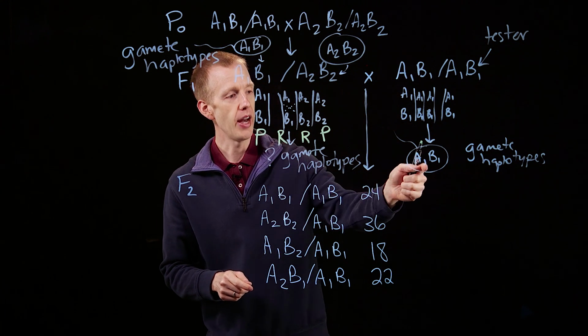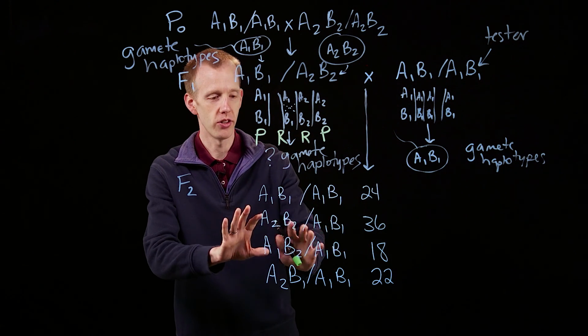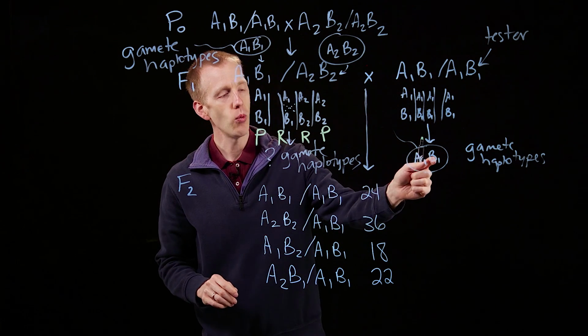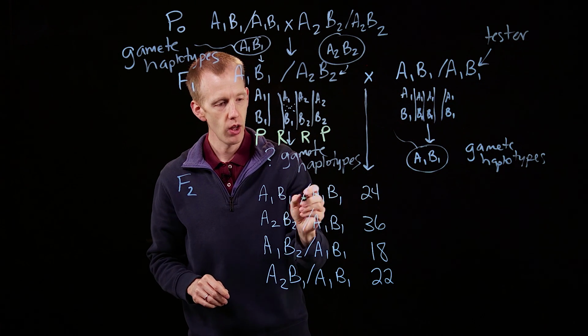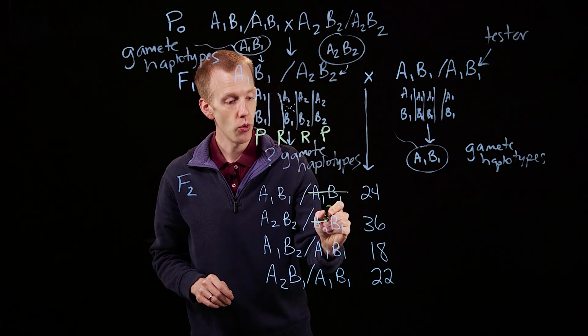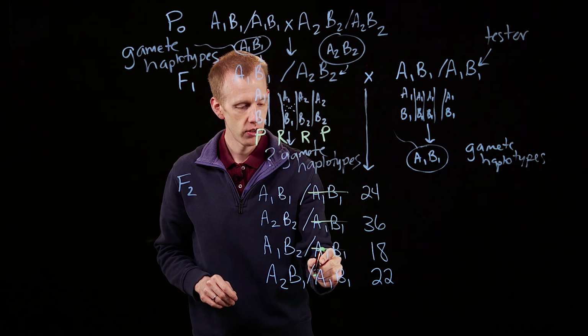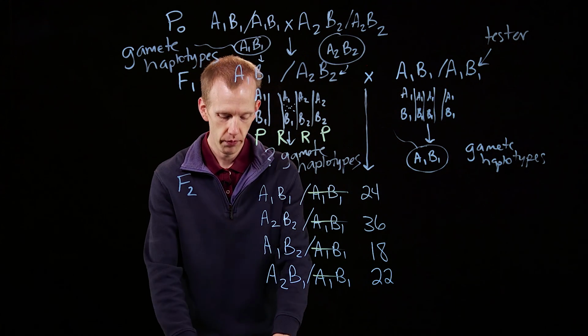We know that every single one of these organisms, regardless of all of these notations that are going on down here, one A1 and one B1 came from this parent in the cross. So we can cross out, because we know the origin of those alleles, we can cross those out. We don't have to think about those anymore.